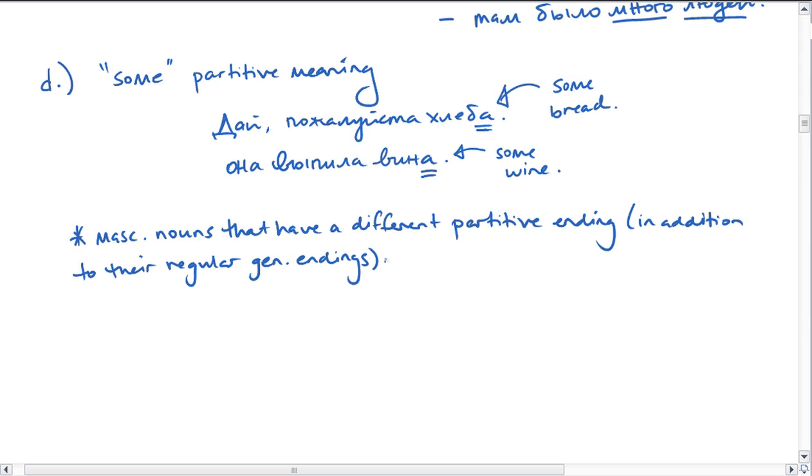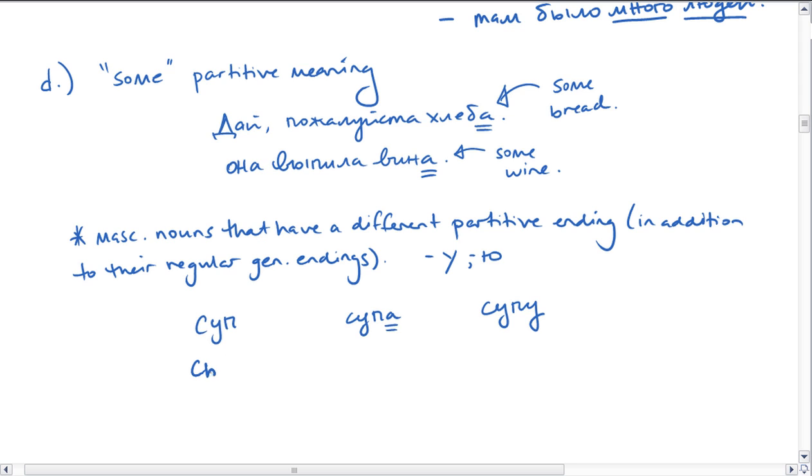So only when you're saying some of these certain masculine nouns, you're going to use an у or ю ending. So I'll give you a few examples, and there are more, but again, you'll start to just hear them. So let's look. Soup is one of these, and like I said, it has the genitive ending of супа, right? But this partitive ending is супу, and the у or ю is always the accented sound.